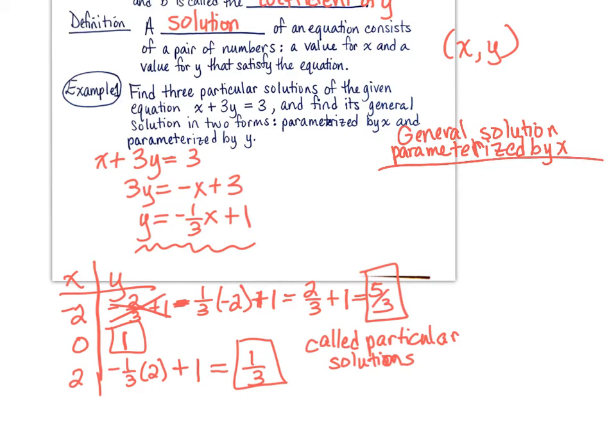Remember, a general solution is a pair, x, y. Everything needs to be in terms of x. So we have x, comma, what's y? Good, so we write that here, negative 1/3 x plus 1. This is what a general solution parameterized by x looks like for this problem.